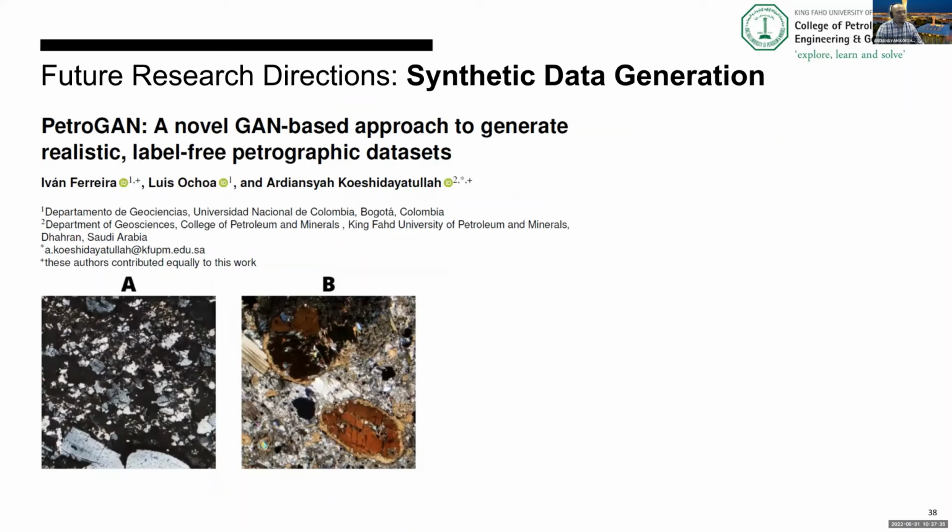And this is one very interesting work that Ivan and myself have been working on, where we try to generate label-free, realistic synthetic petrographic datasets, right? And we have had very good success here. Ivan really did amazing work in this study.